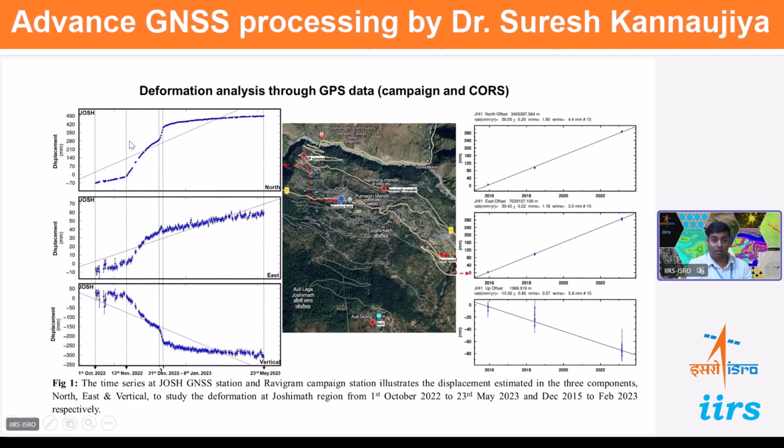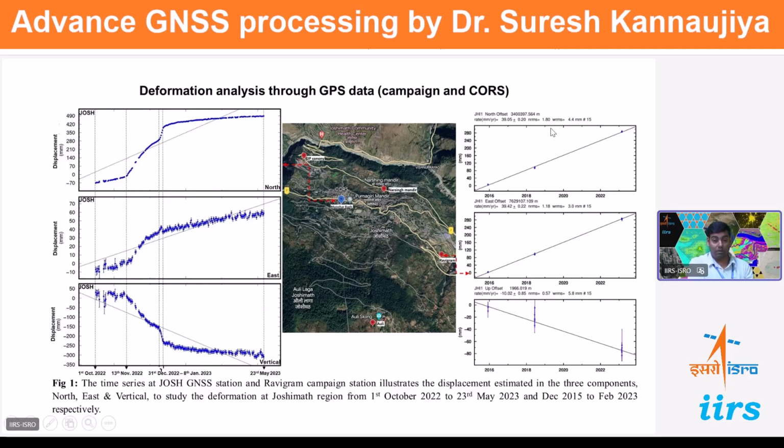But if you are getting non-linear motion, it is not due to the tectonic activity at all. It will always be due to a local phenomenon: a deep-seated landslide, land subsidence, mining activity, or some other activity. So you can clearly see this non-linear motion, and we have already seen the ground deformation over there.